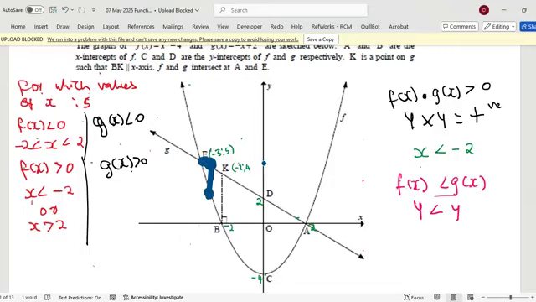Yes. Because if the y value here is 4, it means here the y value can be 2. So this y value here is bigger, and this y value here is smaller. If I move on, the y value here is bigger than the y value here. Even here, if we check, the y value here is bigger than the y value here.